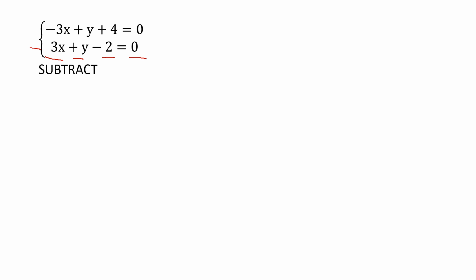I can get to the end result and think less, which is always good for me. In order to do all of that, just change the signs of all your terms. Everything that's positive becomes negative. Everything that's negative becomes positive. But we're only going to do this to the bottom equation because the top equation we're not changing. We're subtracting the bottom equation.